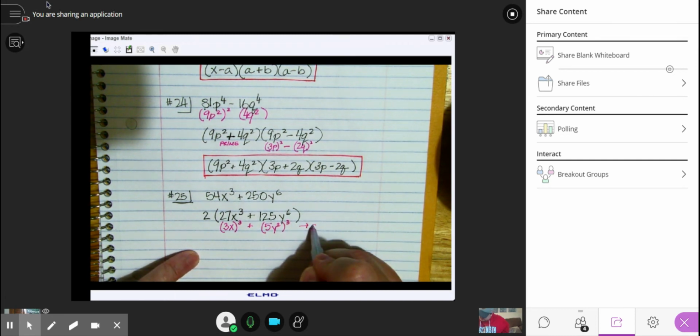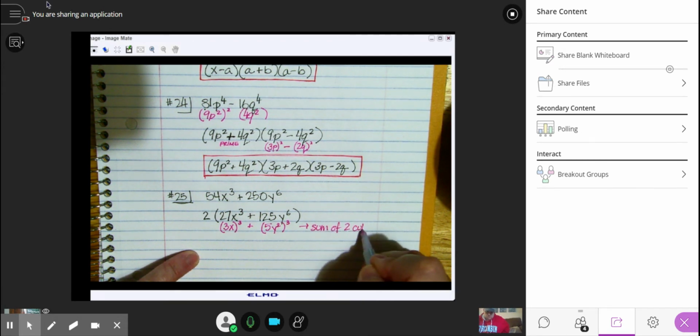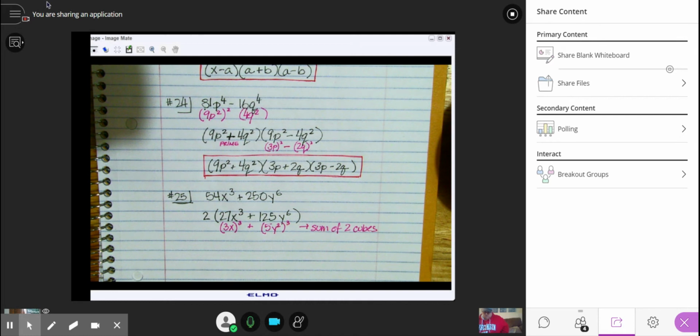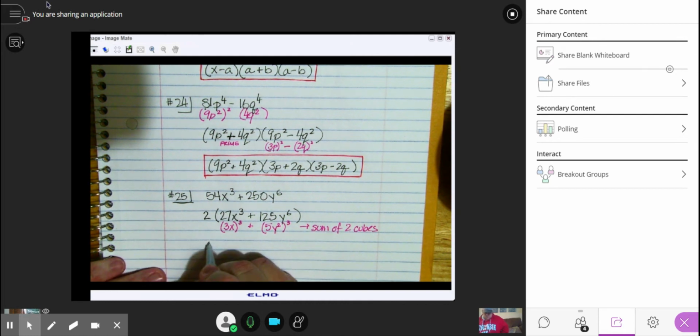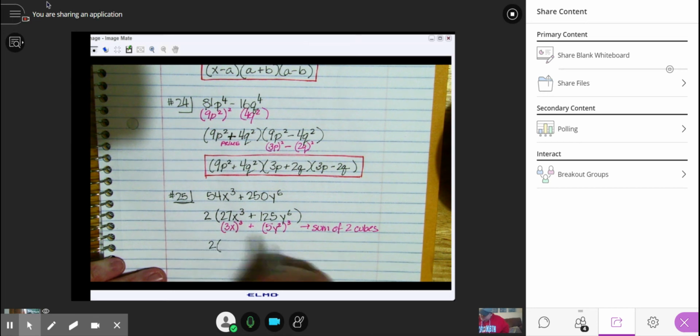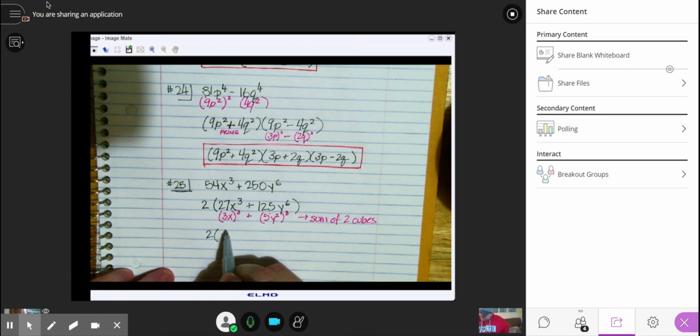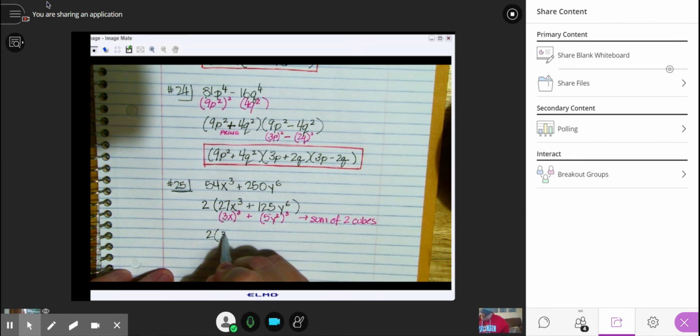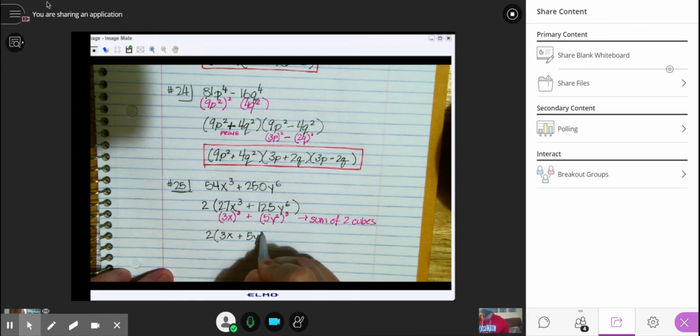This is the sum of two cubes. So now we've got a binomial factor. Our first factor is the cube roots added together, as the initial sign says. So 3x plus 5y squared.